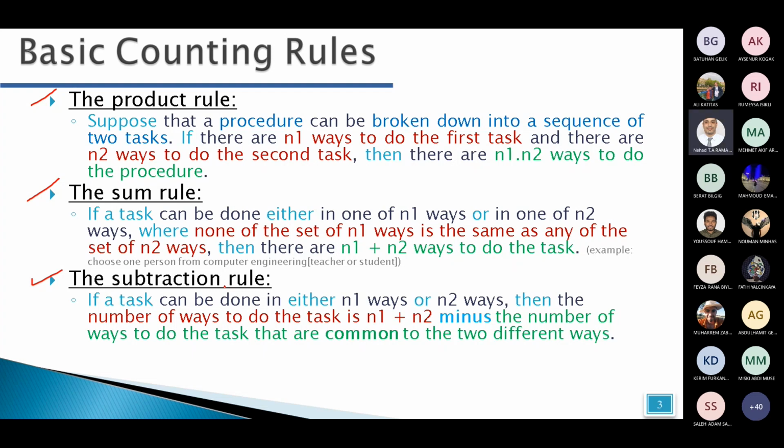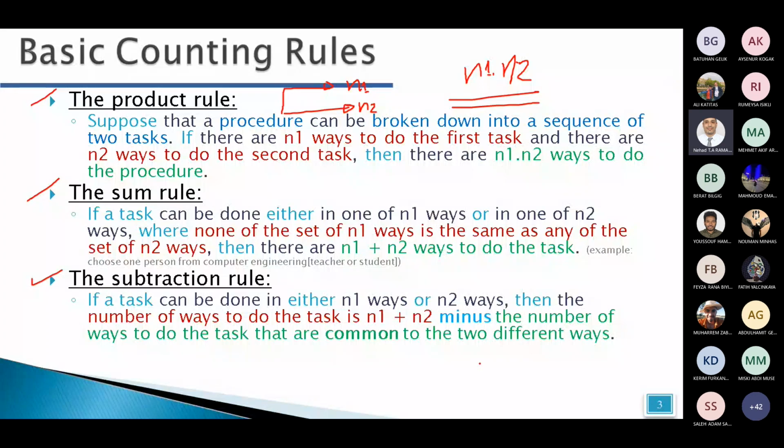So, for example, if this procedure can be divided into 2 tasks, and for each task, for example, the first task has n1 number of ways to do this task, and the second task has n2 ways to do this task, then there are n1 multiplied by n2 ways to do the whole procedure.